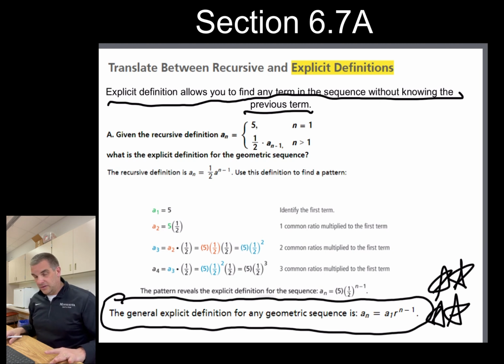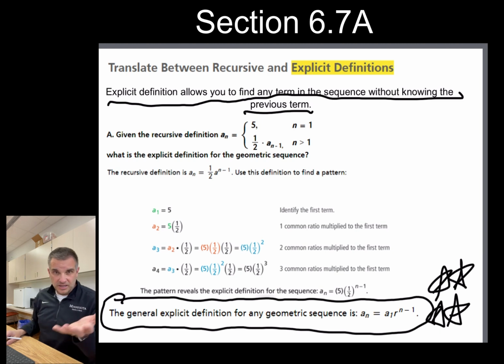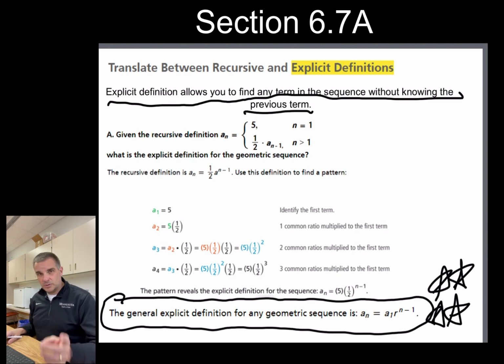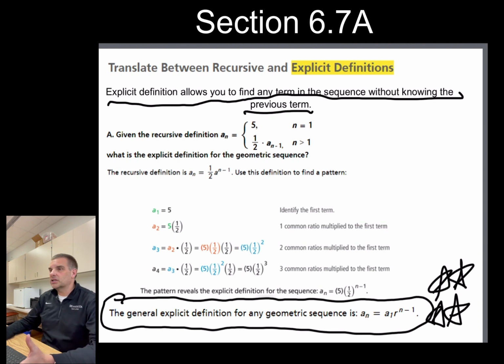So a of n, the term of the nth value, is equal to your first term times the ratio to the n minus 1, where n is, again, the term that you're looking for. And this is the explicit definition. Again, highlight that, star that, use that.